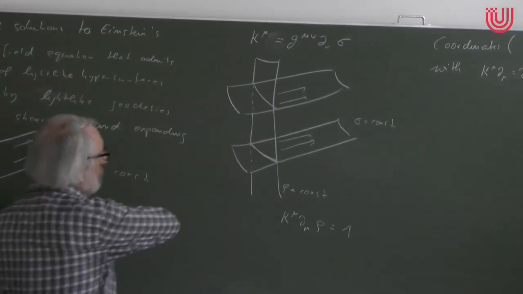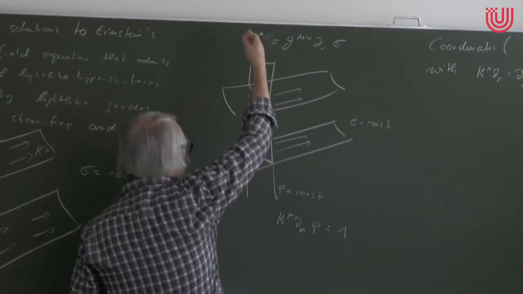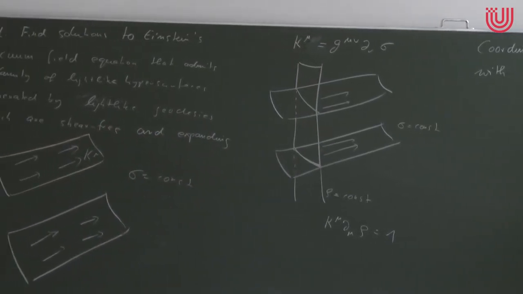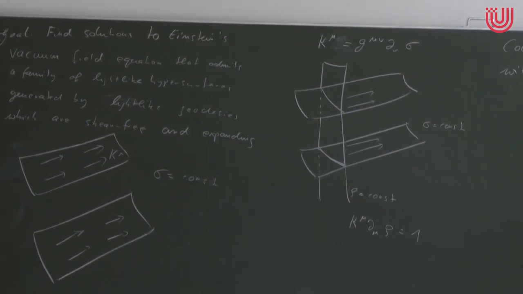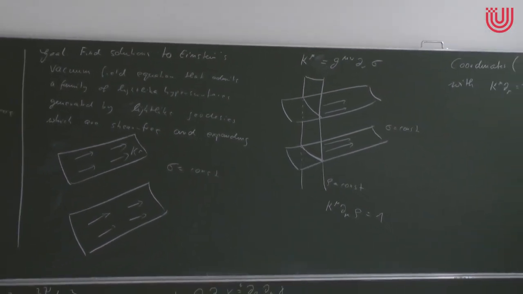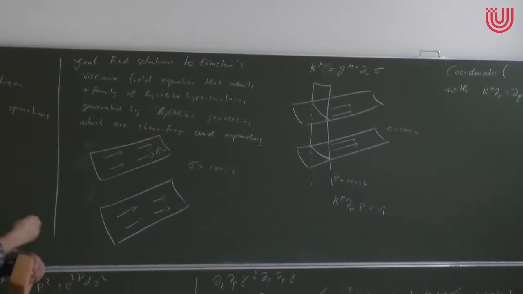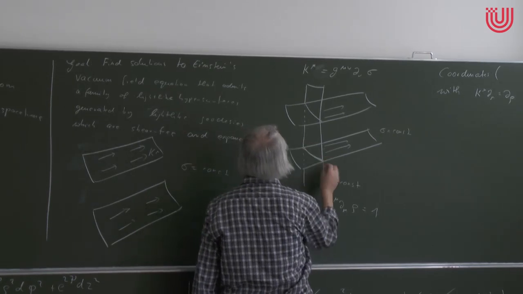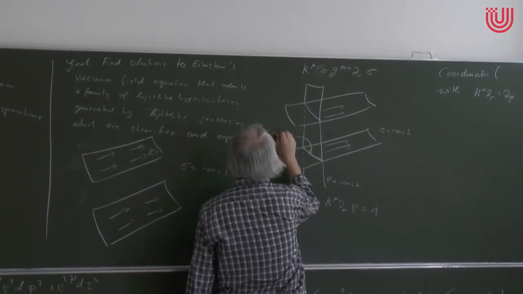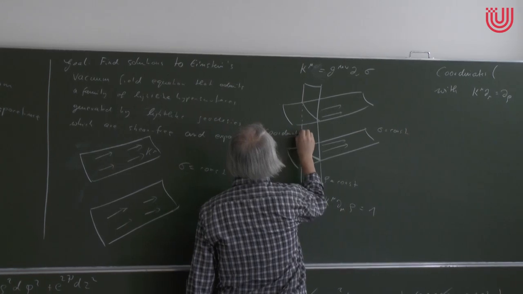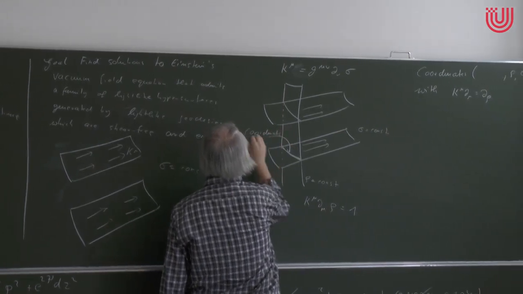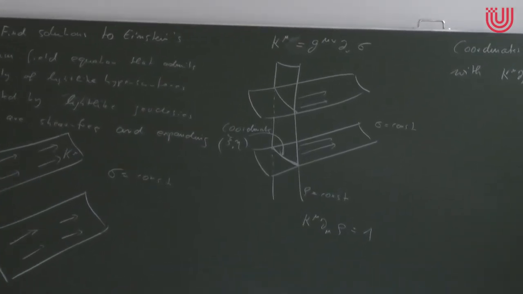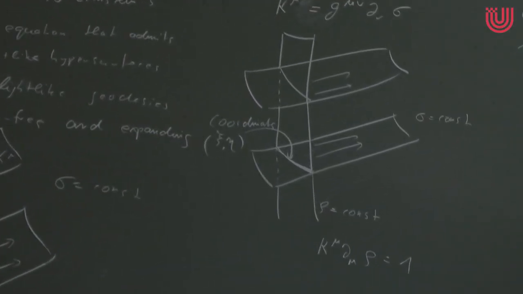Yeah? This is a three-dimensional hypersurface. This is a three-dimensional hypersurface. If they intersect transversely, which by construction they do, the intersection is a two-dimensional surface. So I need coordinates on these two-dimensional surfaces. And here I denote these coordinates xi and eta. So on each of these two-dimensional surfaces, I introduce coordinates xi and eta.